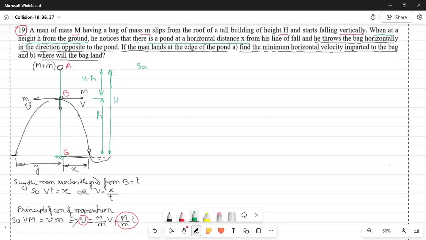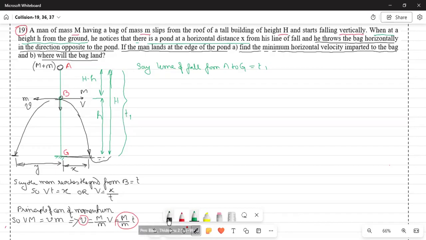Say the time of fall from A to the ground G is equal to T1. That means from A to ground G, it falls in the time T1.